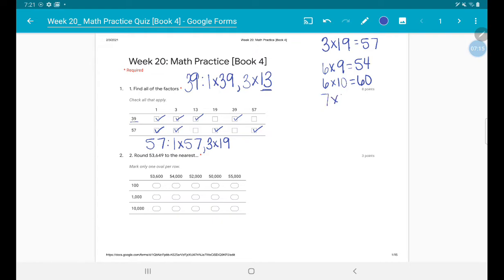If I do 7 times 7, that equals 49. 7 times 8 is 56. 7 times 9 is 63. That skips over 57. That's not going to be a factor. We just did 7 times 8 is 56. That's 1 away.